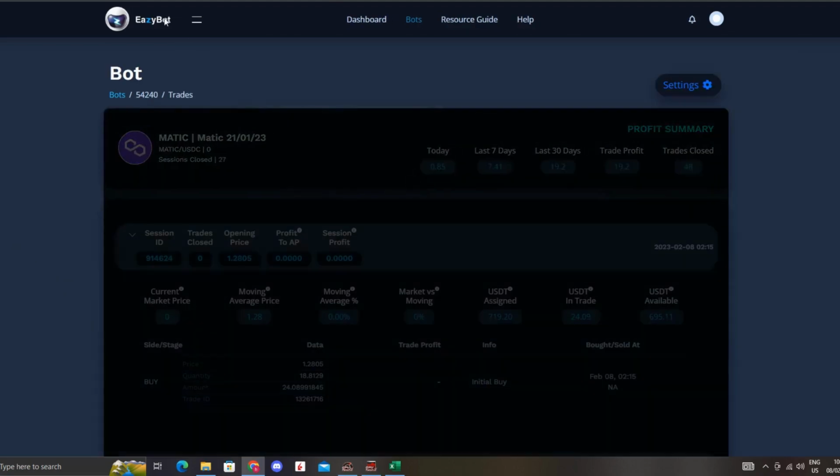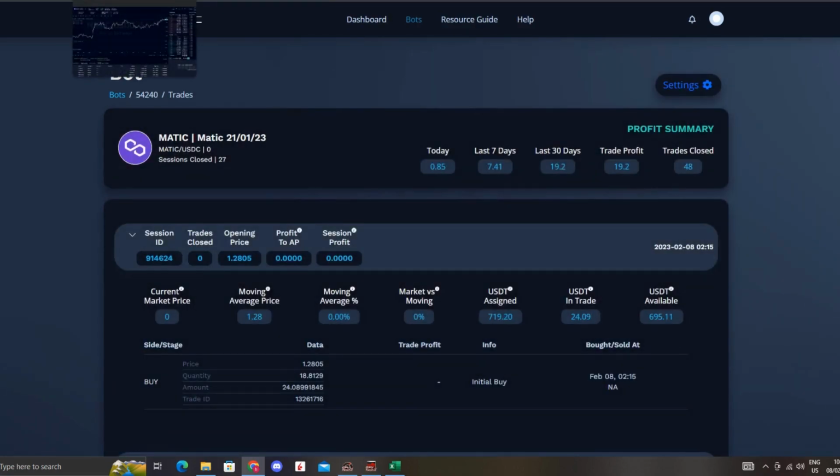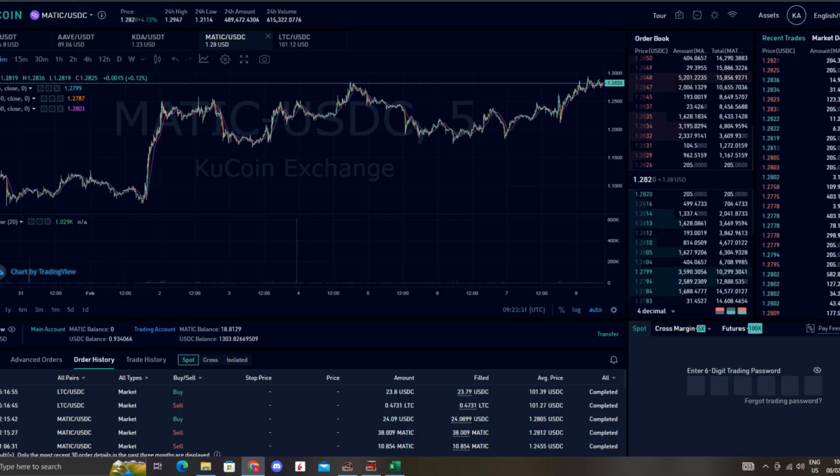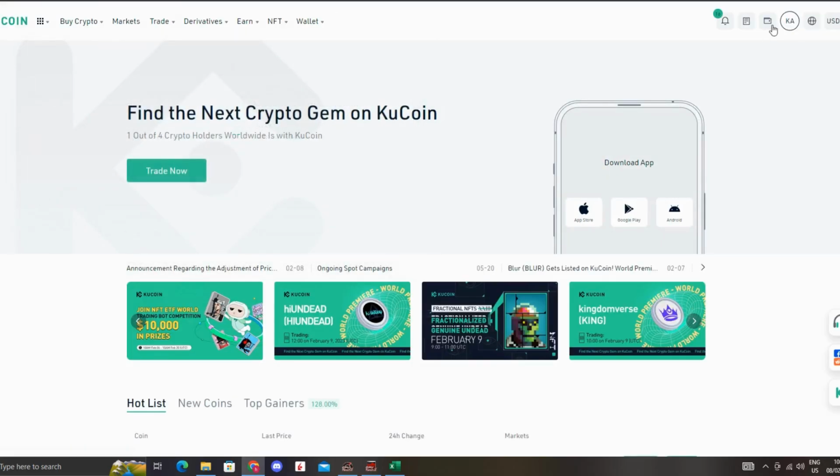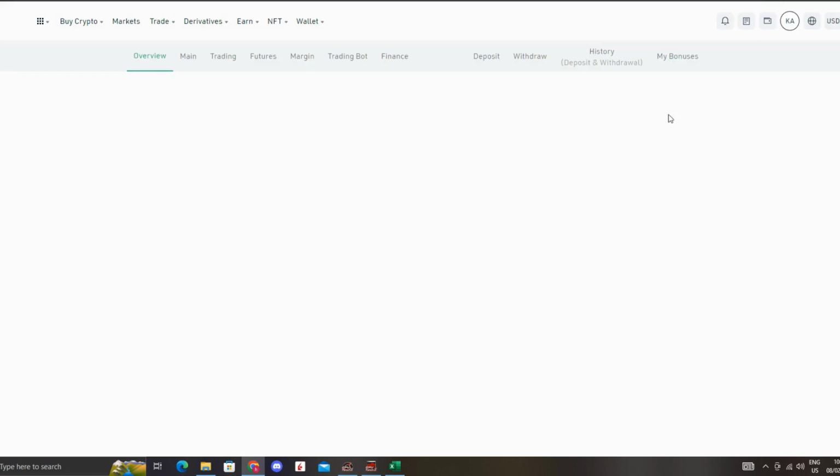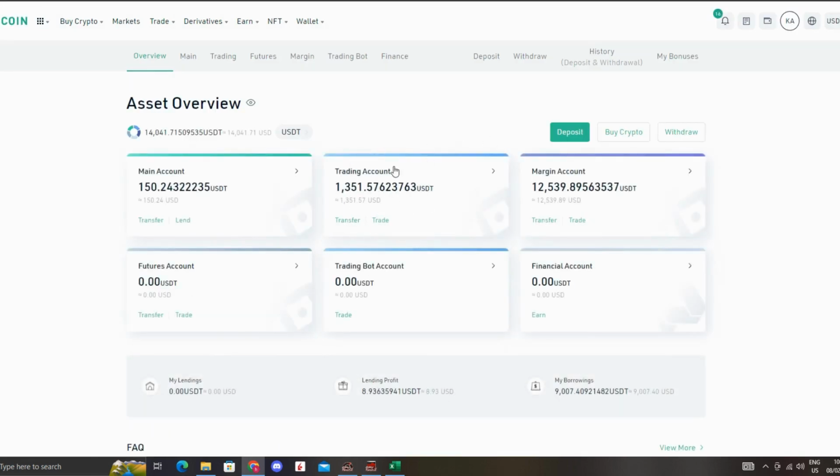So you go to KuCoin. I only put 700 in Matic, 700 in Litecoin, so that's 1,400. Now I'll show you here. As you can see, I've got about 1,400. From here, you want to send the rest of your money.